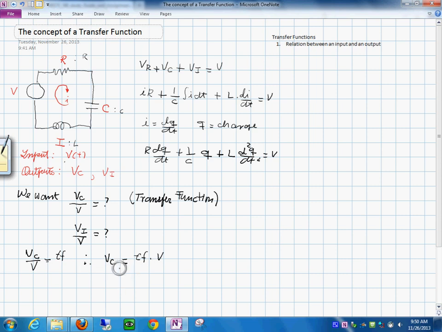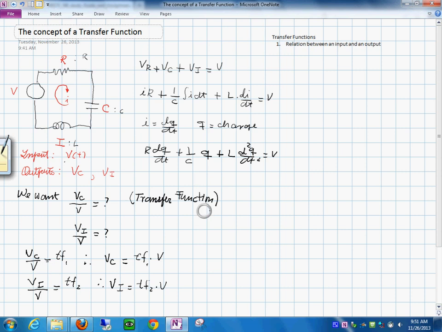This is why control engineers use this, because you can find out an output by knowing the transfer function and the input. The same thing is true if you know this relationship. Let's call it the transfer function 1, and let's call this transfer function 2. So consequently, the voltage of I is got to be transfer function 2 multiplied by V. You see, this is where we're going.